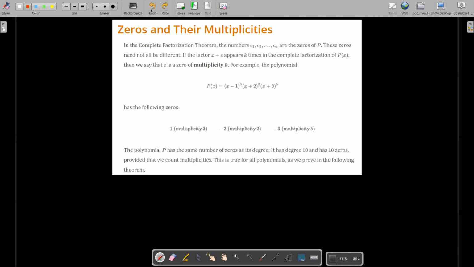Don't confuse that with the amount of terms we have. If you recall, a couple sections ago, we talked about a 10th degree polynomial having at most 9 terms. Don't confuse that with this. If we have a 10th degree polynomial, it's going to have 10 solutions.